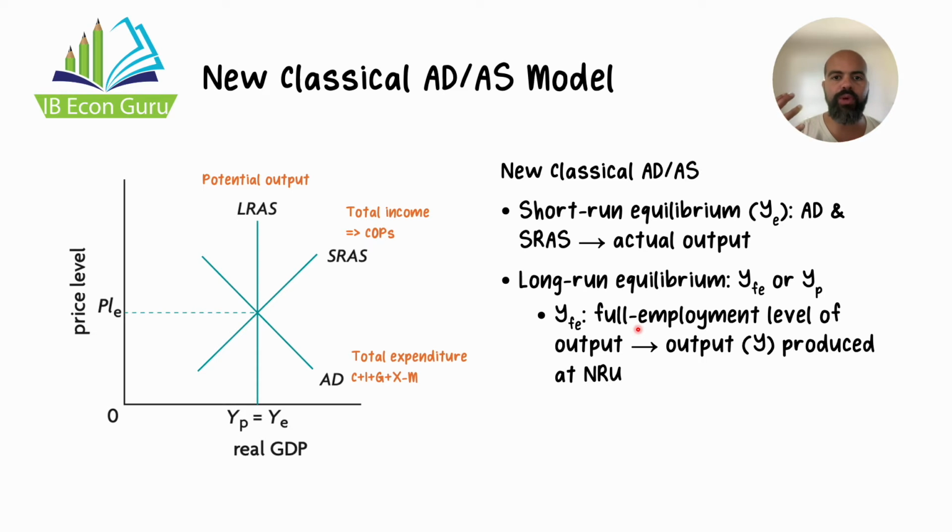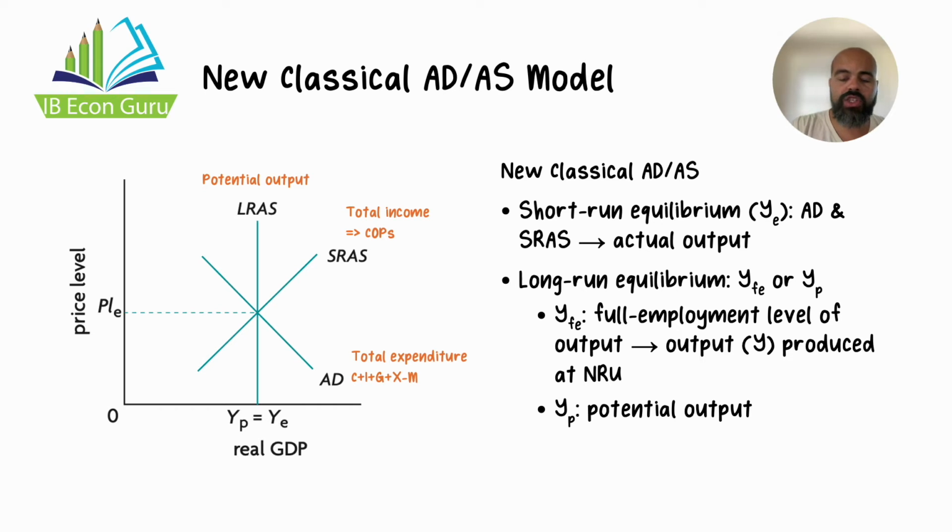The level of output that the economy is producing at the NRU is the full employment level of output. It's also the economy's potential output, YP. So if all three intersect, the economy is at both short run and long run equilibrium. There is no tendency to change unless something shifts one of those curves.